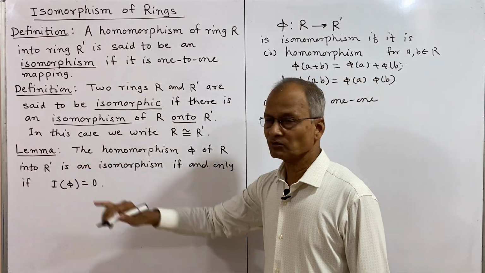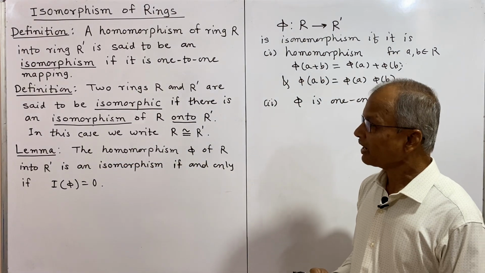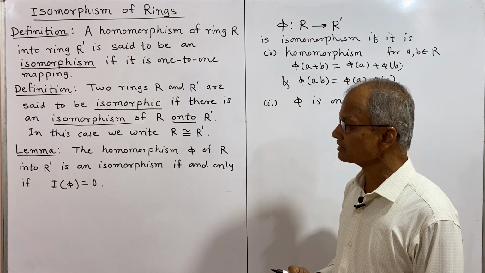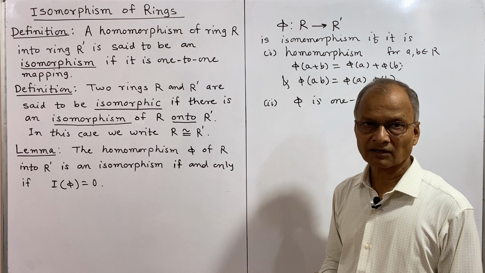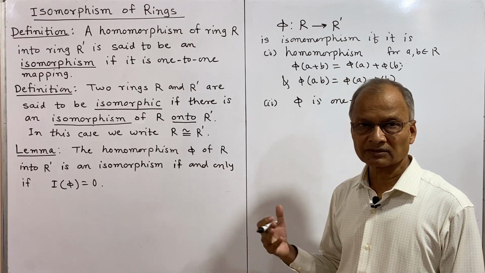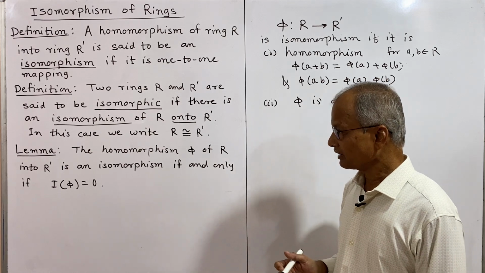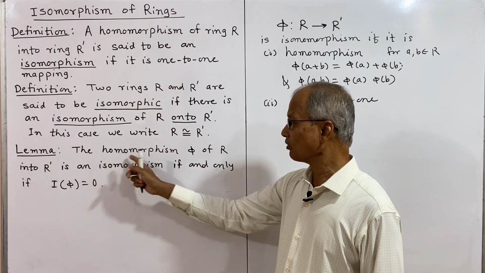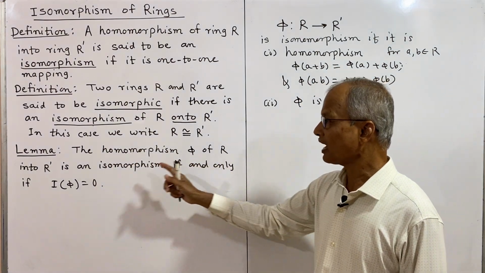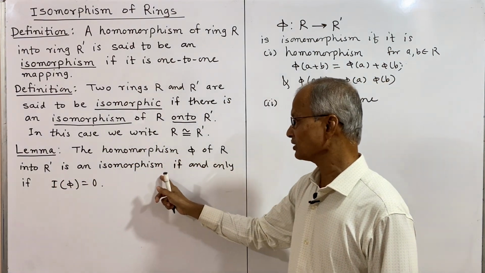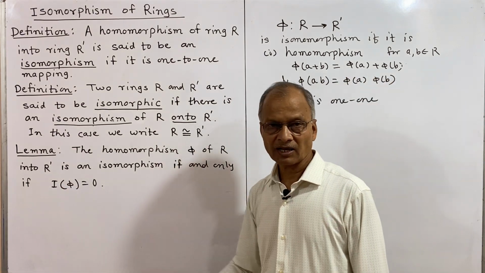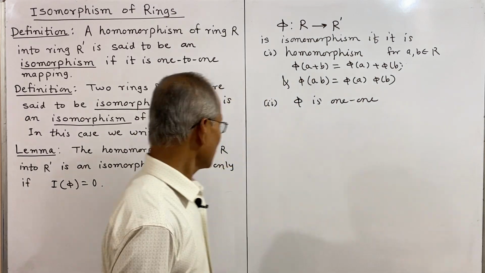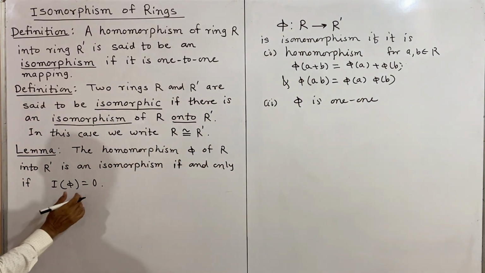Now we shall prove this result as a lemma. A lemma is generally considered a result which is a prerequisite of a theorem. Lemmas are useful to prove a bigger result, which is a theorem. This lemma says: the homomorphism phi of R into R dash is an isomorphism if and only if I of phi, the kernel of phi, is equal to 0.